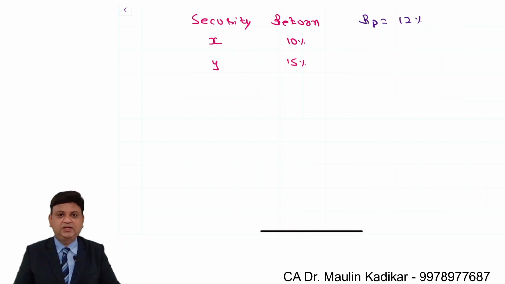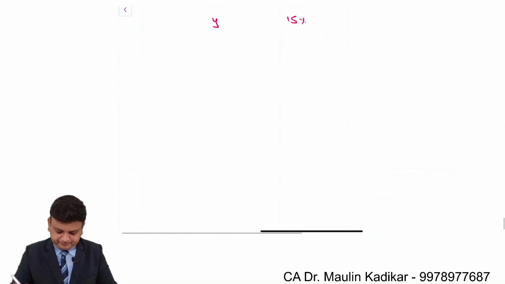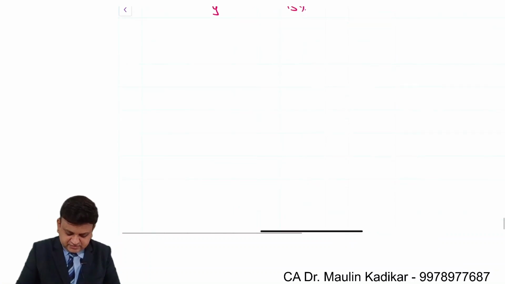Dear students, we have understood that the return of the portfolio is calculated as a simple weighted average, taking into account the proportion in which you have made the investment and the return of the individual security. The same concept is applicable here as well. So let us see how to make the calculation.